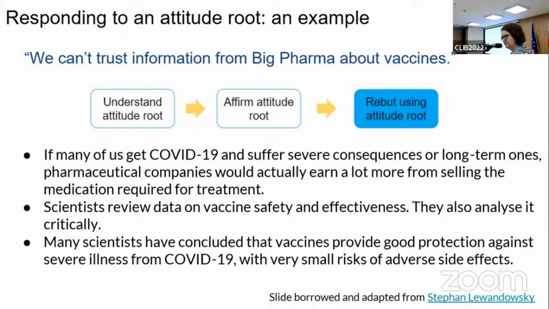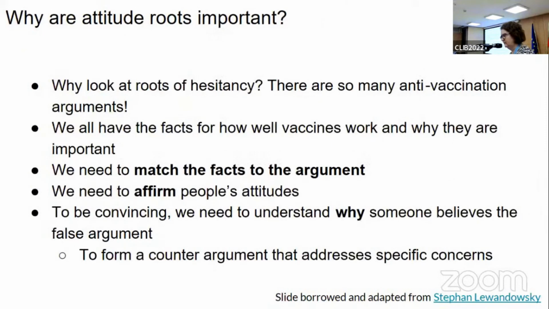view of pharmaceutical companies. And so we want to identify these attitude roots automatically in order to construct effective rebuttals that can encourage people to change their point of view. So why are attitude roots so important?